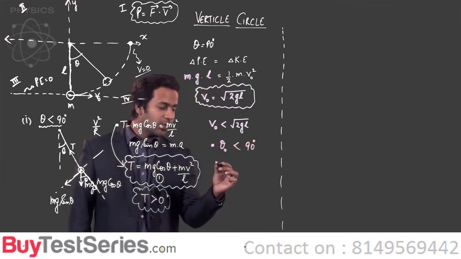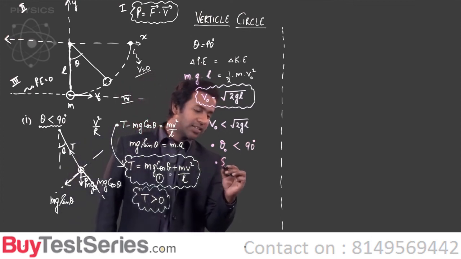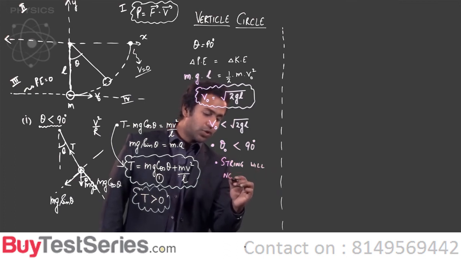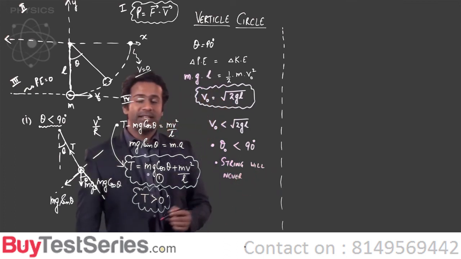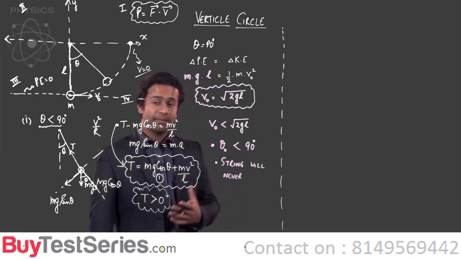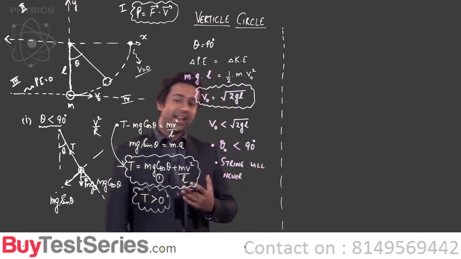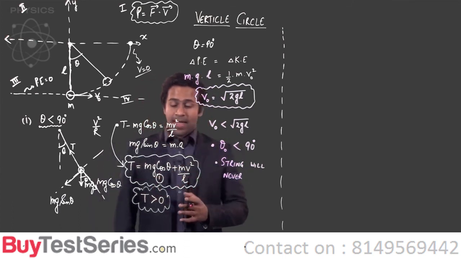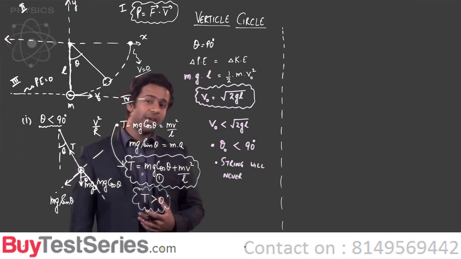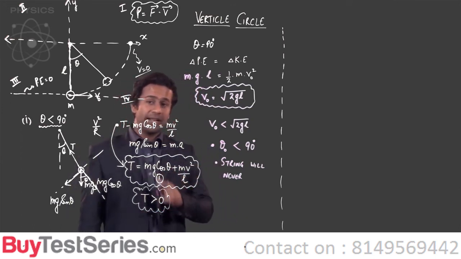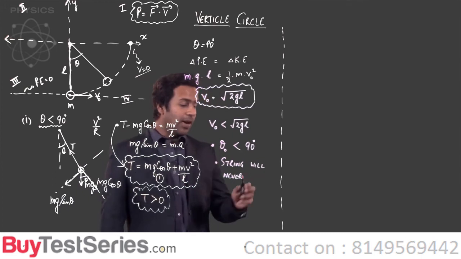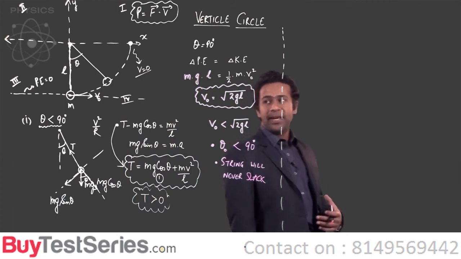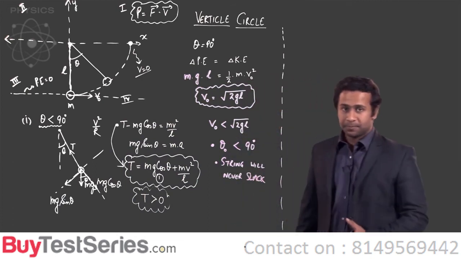And for such a case, what we can definitely tell is that the string will never slack, because we saw that the term mg cos theta will always be greater than 0. For any value of theta less than 90 degrees, cos theta is greater than 0, so this first term can never be 0. Hence, tension is always more than 0, which means the string always remains taut. So the string will never slack. This is a case when your speed is less than root 2gL.